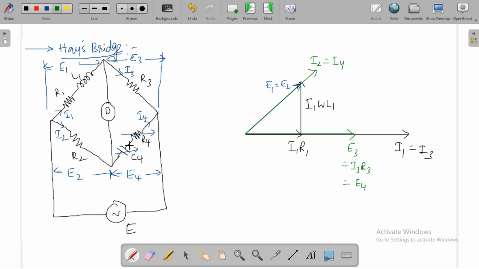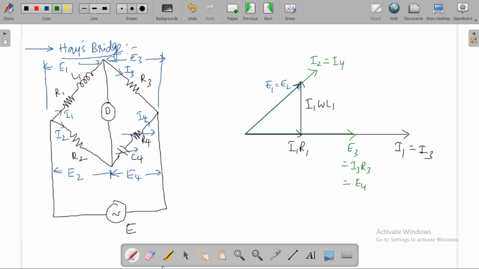Now how can I draw the voltage across C4? Voltage across C4 lags the current through C4 by an angle of 90 degrees, or the current through C4 leads the voltage across C4 by 90 degrees. This is the current flowing through C4.